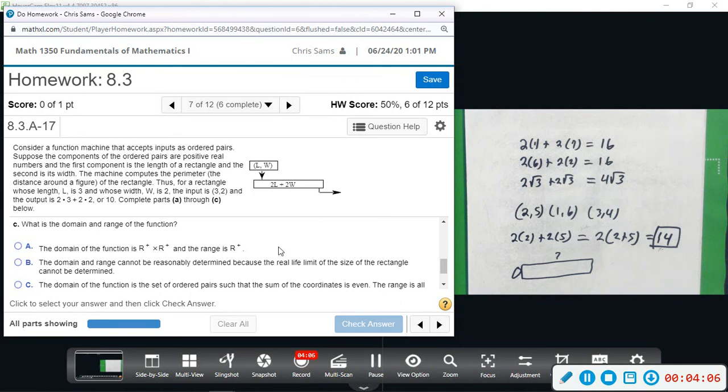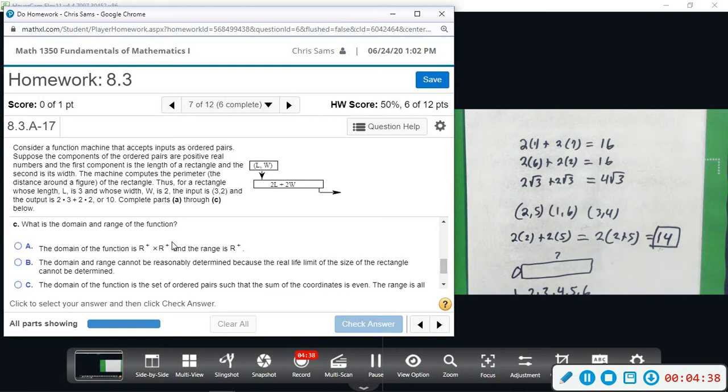And then part C, what is the domain and range of the function? So domain and range just lists the first coordinate and the second coordinate. So domain and range would both be 1, 2, 3, 4, 5, and 6. Those are the numbers we use, and these were paired with 6, 5, 4, 3, 2, and 1.